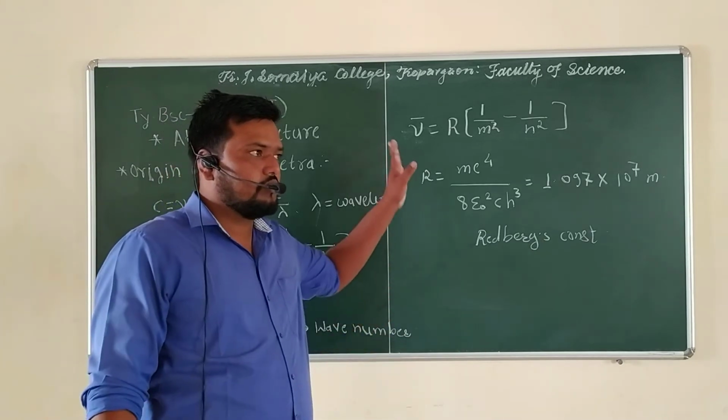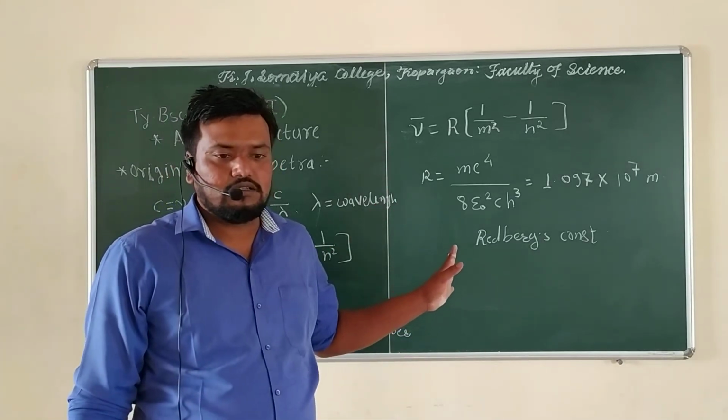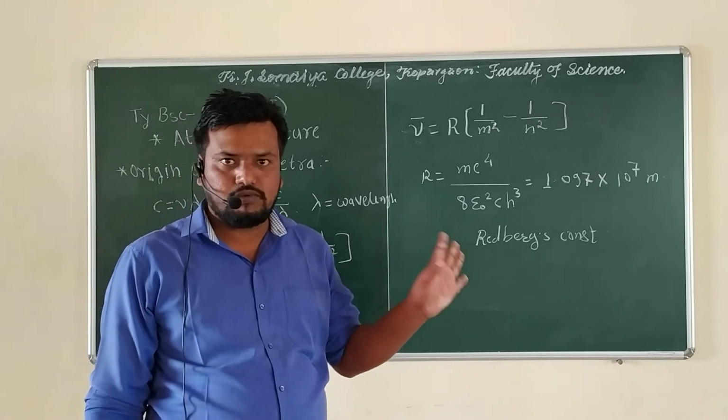On that basis, the hydrogen spectrum consists of 5 series.